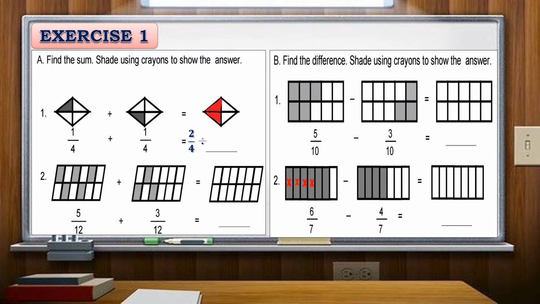The greatest common factor of 2 and 4 is 2. We're going to divide 2 by 2. It is 1. 4 divided by 2 is 2. Our final answer is 1/2 and it's already in its simplest form.